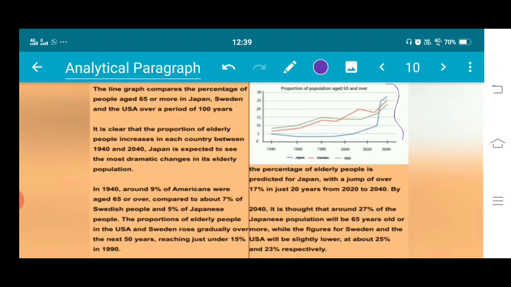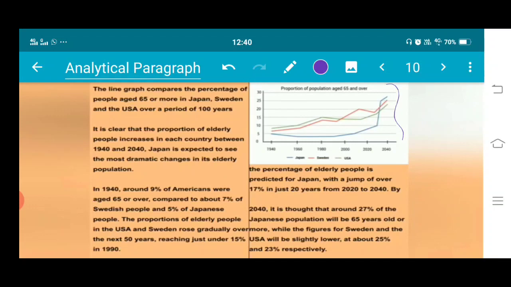Next is body paragraph number 1, where we give the details of 1940. In 1940 around 9% of Americans were aged 65 or over, compared to about 7% of Swedish people and 5% of Japanese people.